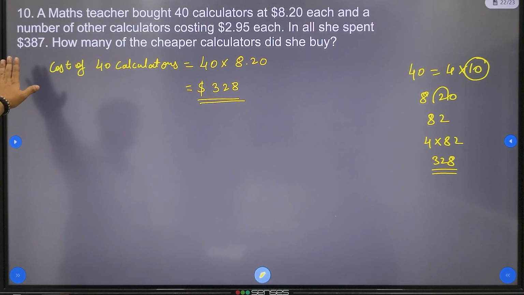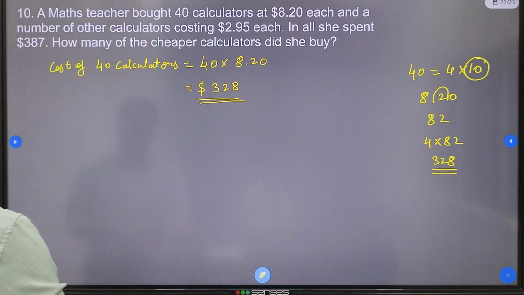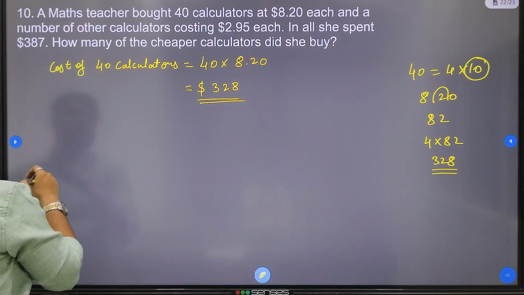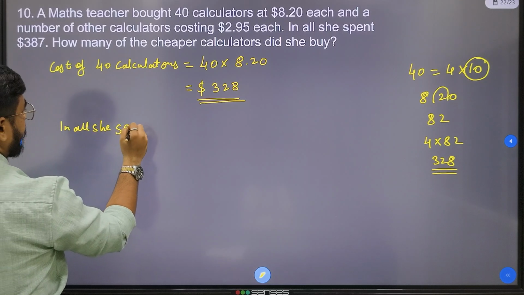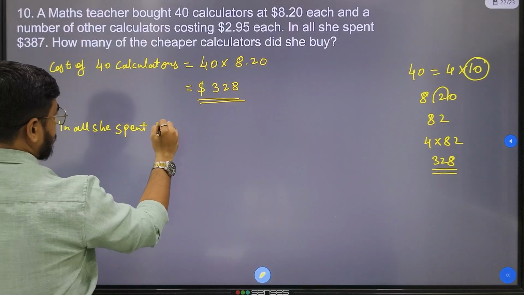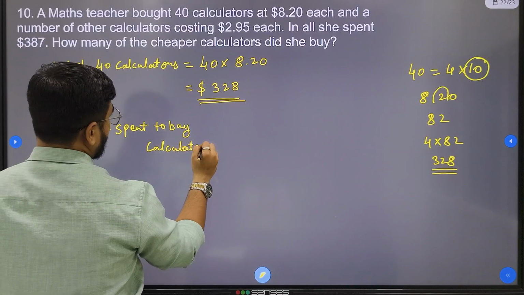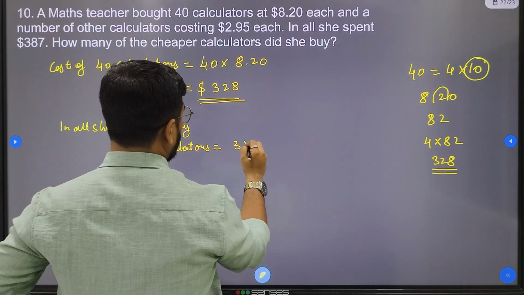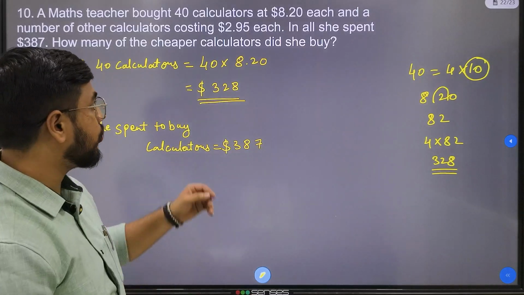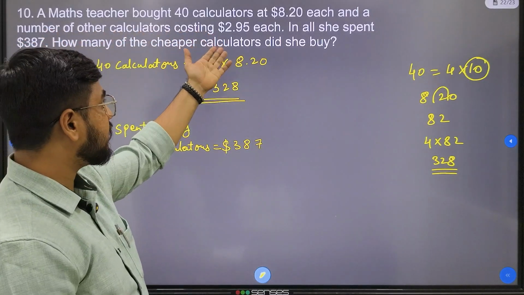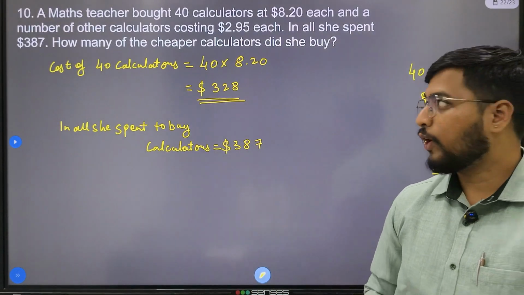Now the total amount spent for all the calculators is 387. So let's subtract that. In all she spent $387 to buy the calculators. How much is she left with to buy the other calculators which are cheaper, each having a cost of $2.95?